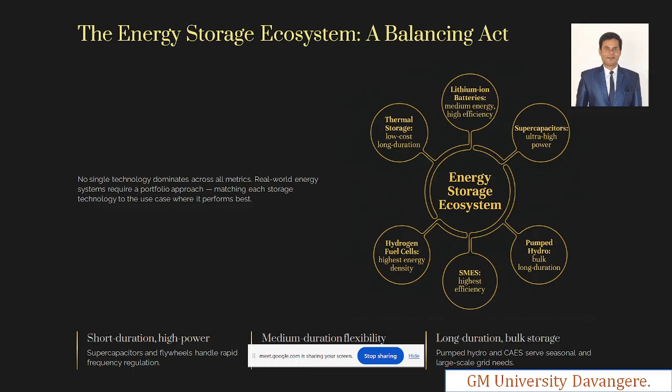For example, I told you about super capacitors, which can be used for high power and low energy densities, right? And if you go for SMES, that is high efficiency, we have to compromise on the other two parameters, that is power as well as energy densities, right? So this is the ecosystem where we have to see the various parameters with respect to the various storage technologies, and how we are going to use them in different ways.